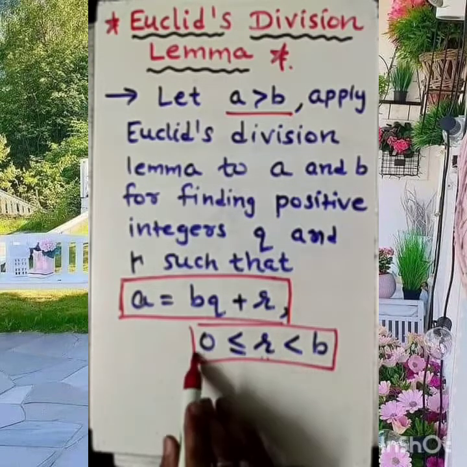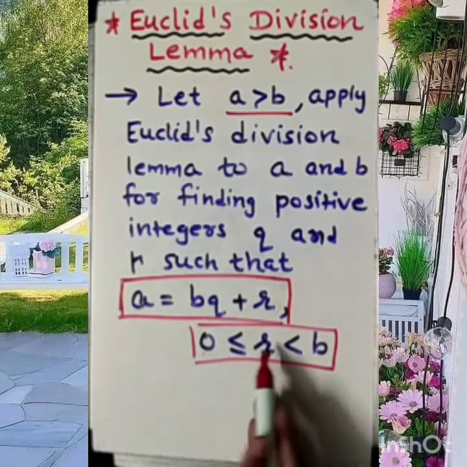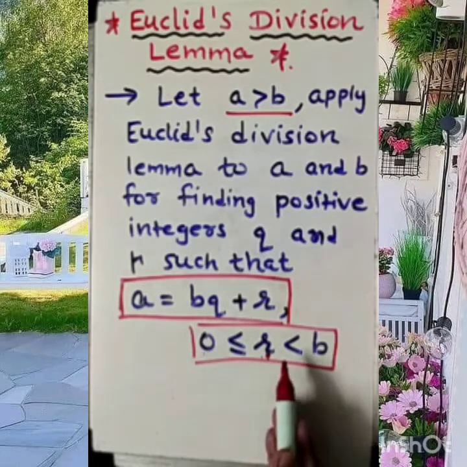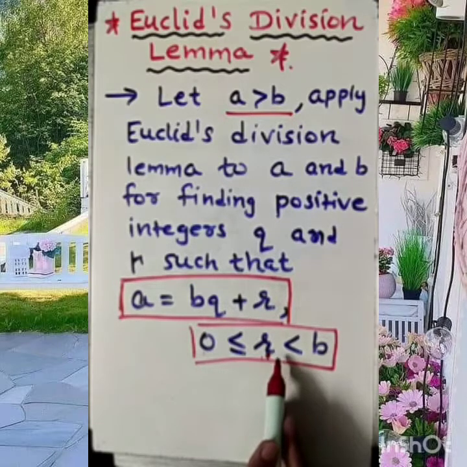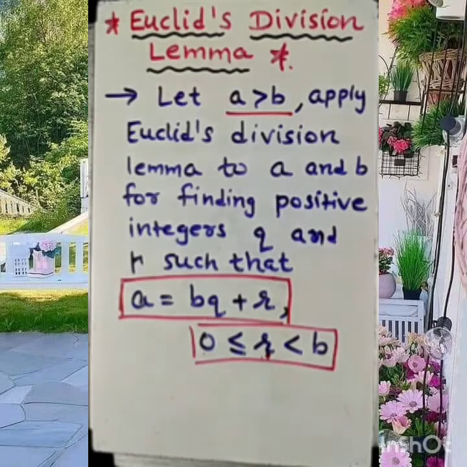R must be greater than or equal to 0, and R must be less than the other number. This is the condition for Euclid's division lemma.